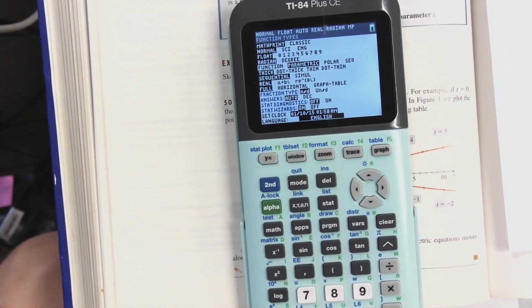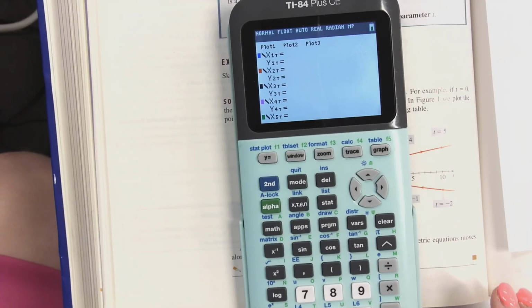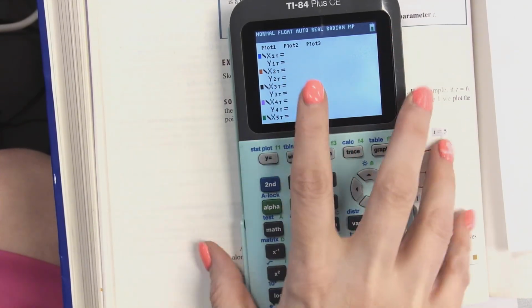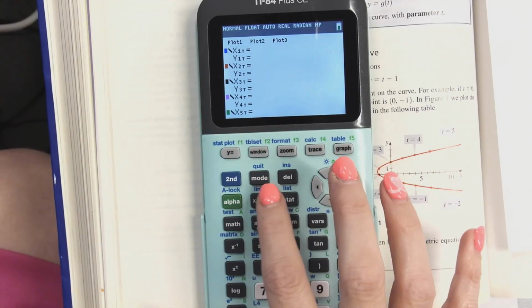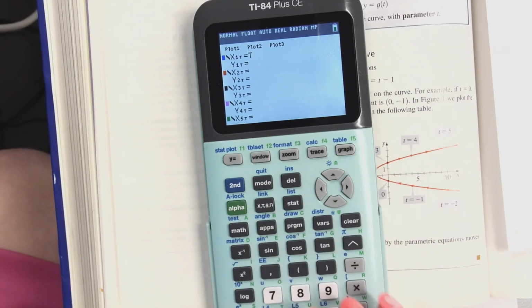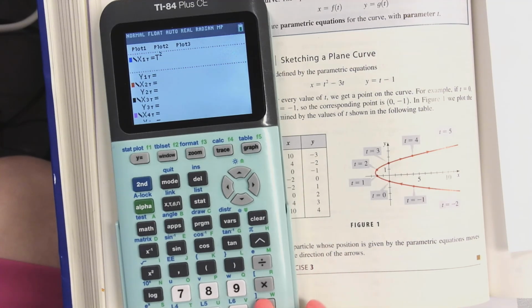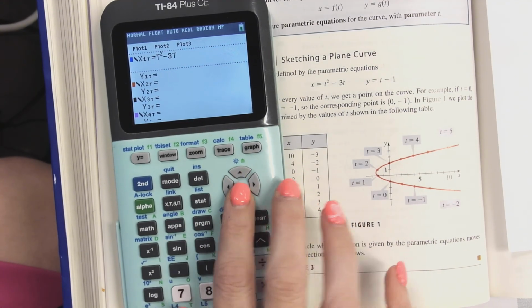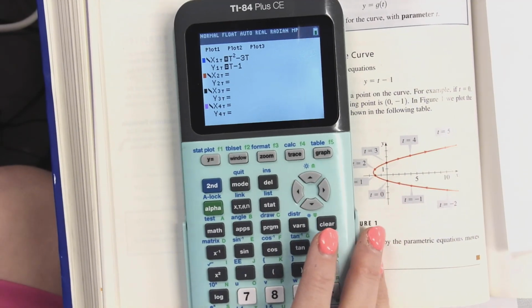And then when you hit y equals, you're going to see you have an x and a y. Okay, so your x1 is going to be t squared minus 3t. So when you hit your variable button, you're going to see that. Okay, and then we have t minus 1.